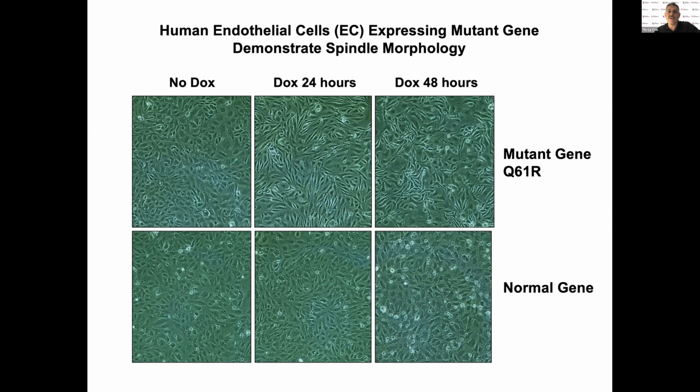So basically, we're able to recapitulate what's seen in the tissues of patients in the Petri dish here. Whereas the normal gene doesn't cause that spindling or change in shape of the cells. And you can see that after 2 days, the mutant gene again has caused those cells to look very abnormal compared to the normal gene.